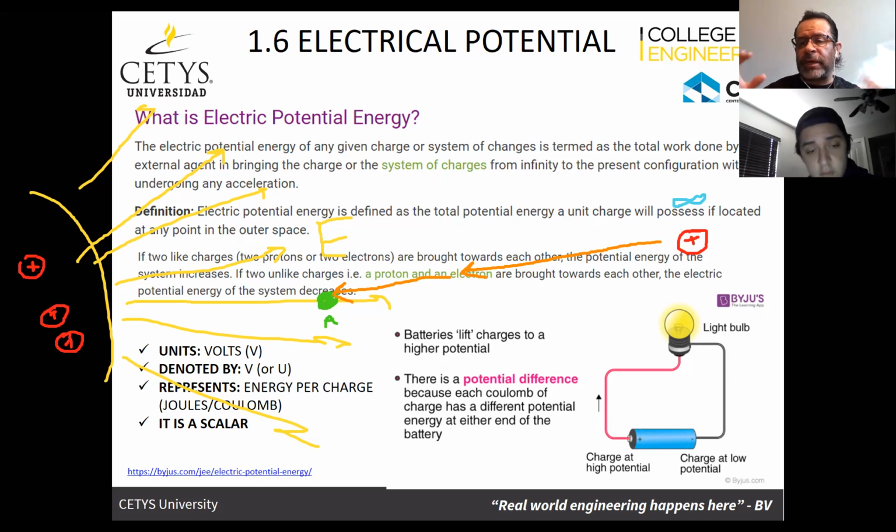Yeah, and remember that we talked about that positive charges, they're repelling each other. So, Rene, imagine that you're this positive charge, okay? You are this positive charge.